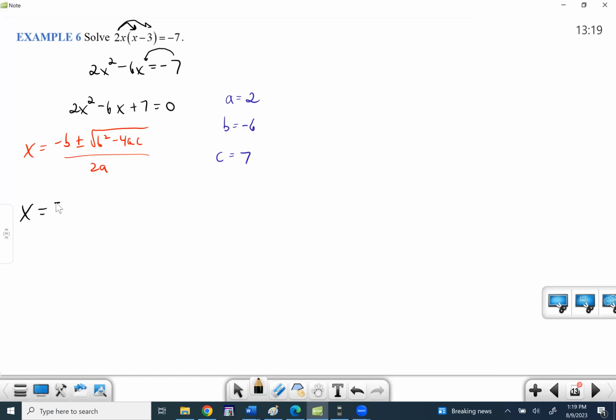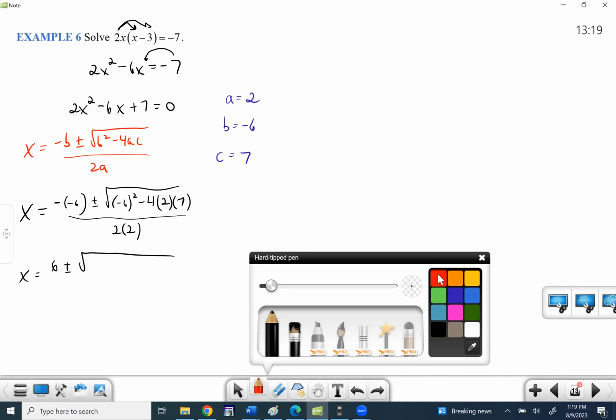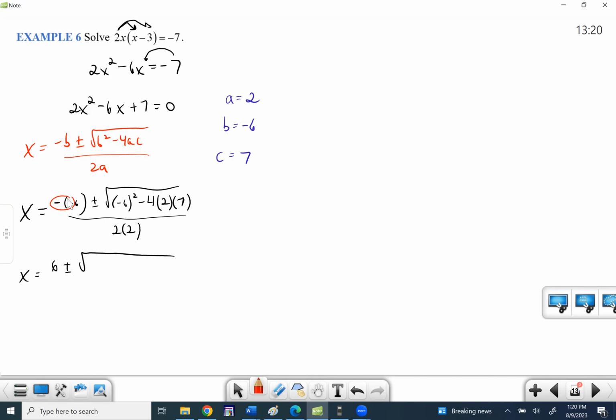All right, negative b, but b is -6, so it's going to be negative, right? Plus or minus the square root of b squared, minus 4 times a, which is 2, times c, which is 7, all over 2 times a. All right, so the minus that you see, negative, that's going to make it a +6.